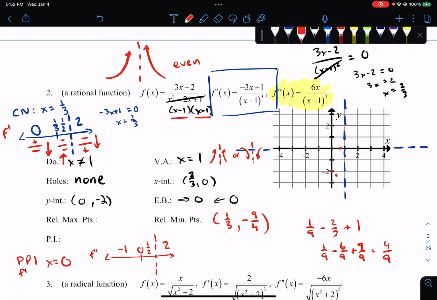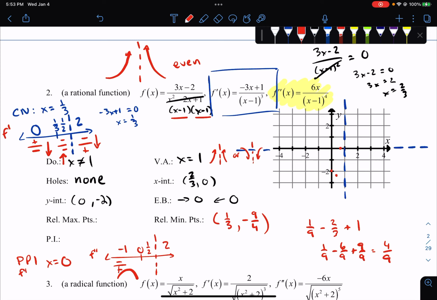We can keep this pretty simple. So when I plug in a negative 1 into f double prime, I end up with a negative on top, and a negative 2 to the 4th, a positive on the bottom. So that means I'm concave down until I get to 0.